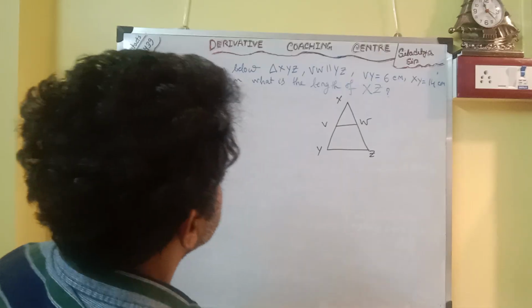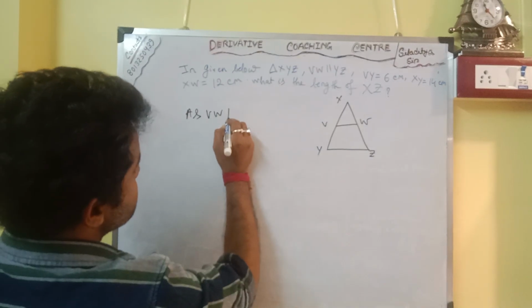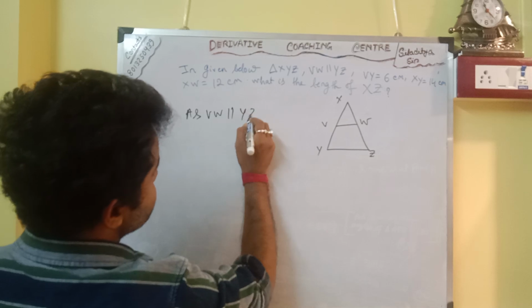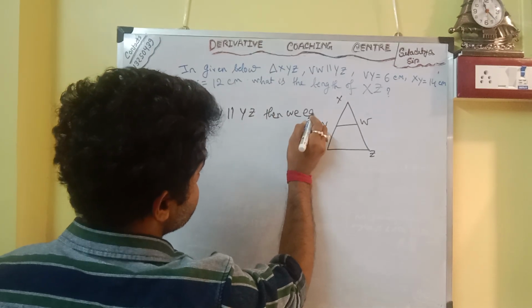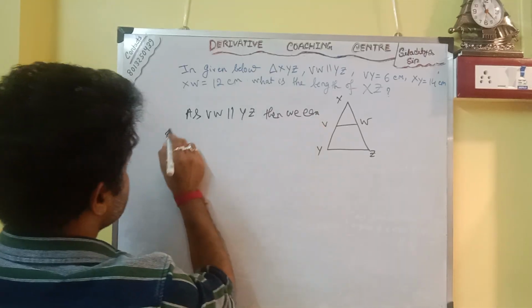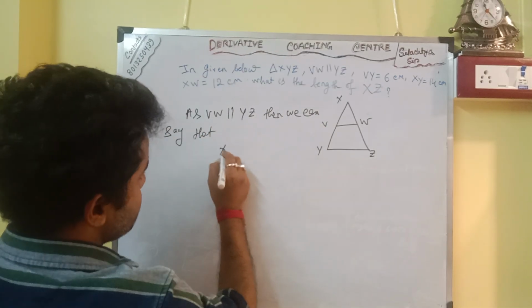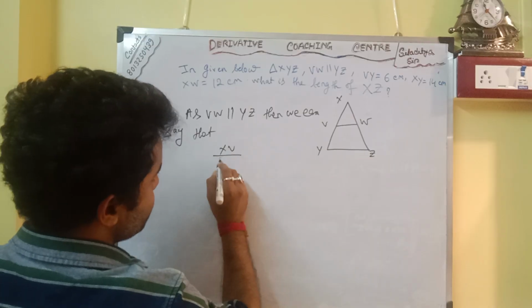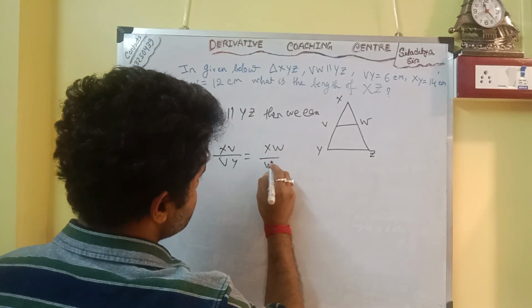Okay, so look, as VW is parallel to YZ, then we can say that XV by VY equal to XW by WZ.